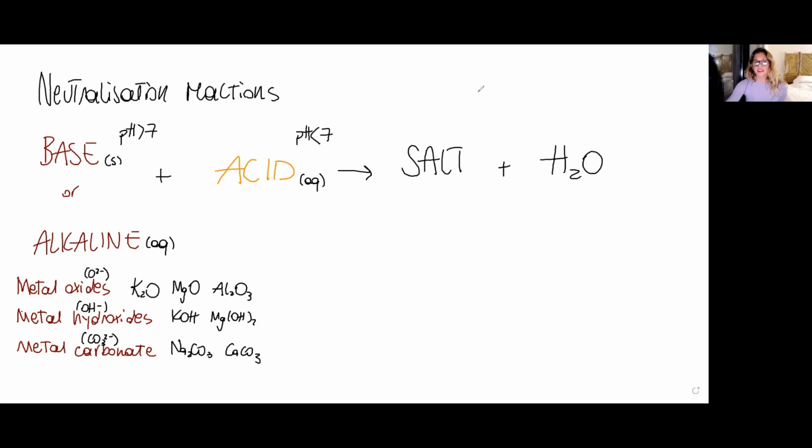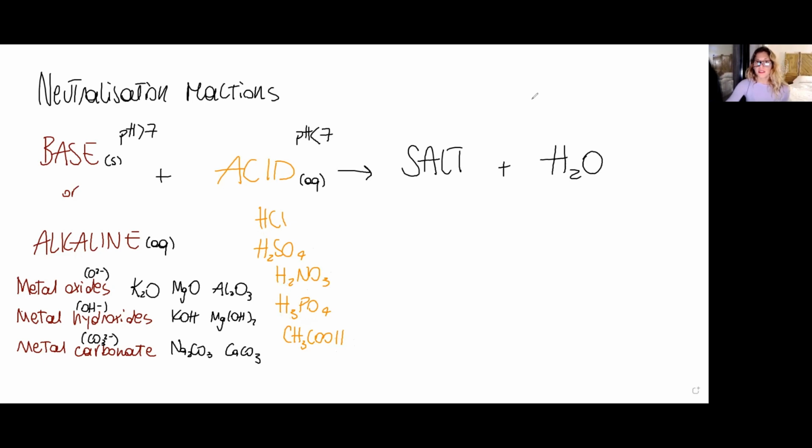Acids, common ones to know: hydrochloric acid, sulfuric acid, nitric acid, phosphoric acid. Notice that all of these polyatomic ions form acidic solutions. And an organic one, CH3COOH, ethanoic acid. All of those are acids because they have this H+ that they can give away.